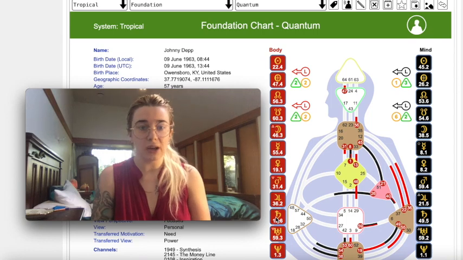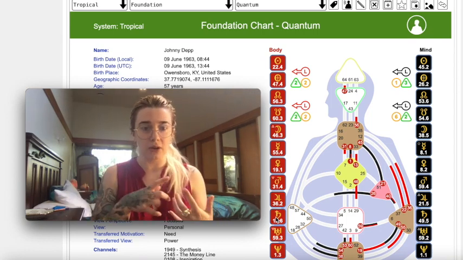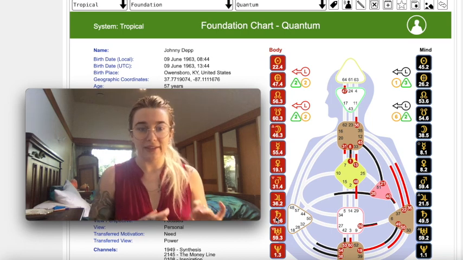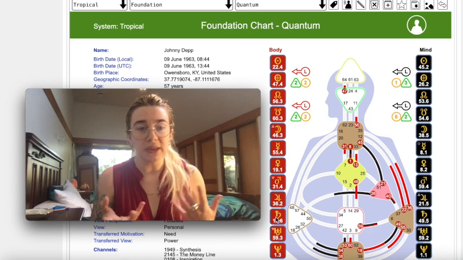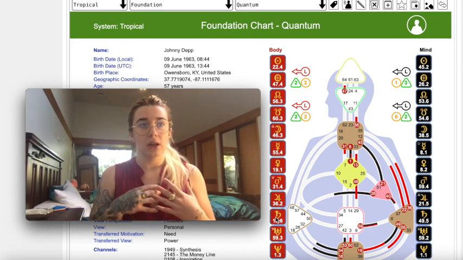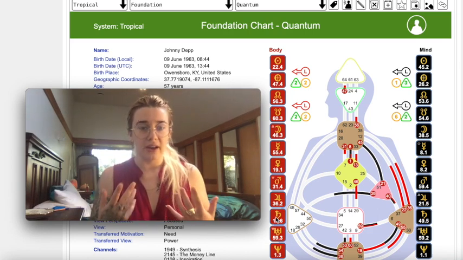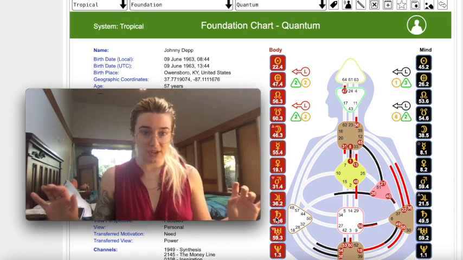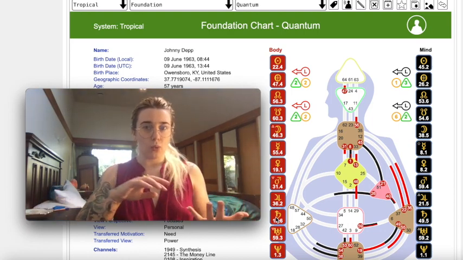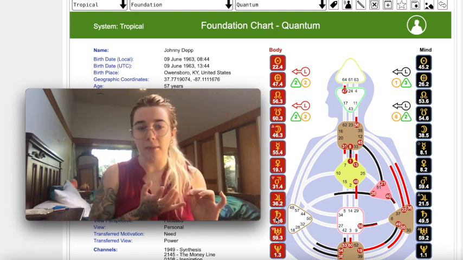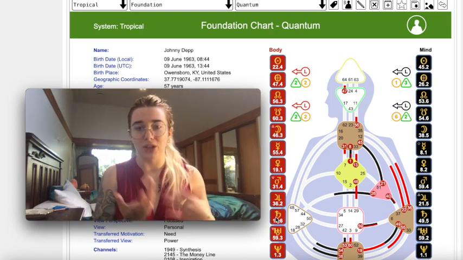The interesting thing about a manifestor is, as a generator, when you're living to your design, you kind of have to wait and slow down and respond to things. You have to be in time with the universe.